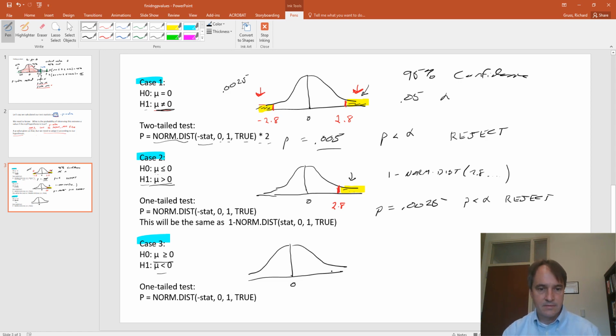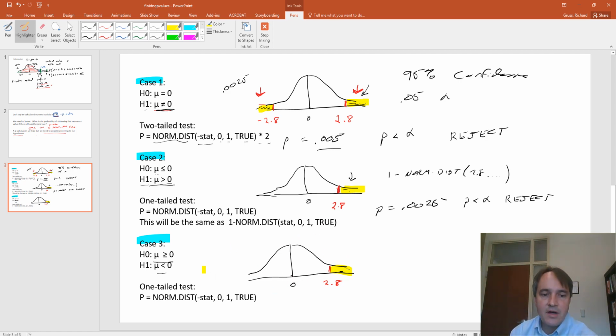So now we have this, and what's the probability? Once again, we got 2.8, so that's going to be out here again, and we have already calculated the probability of it being out here.